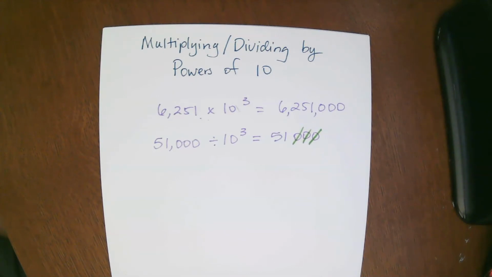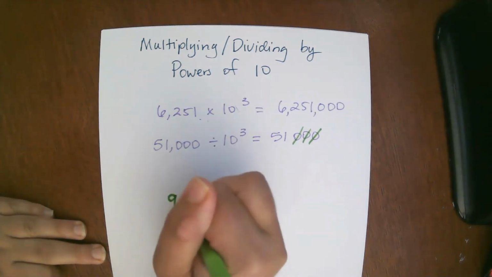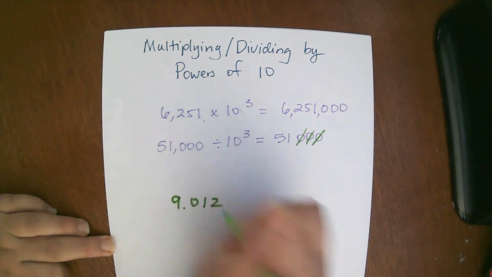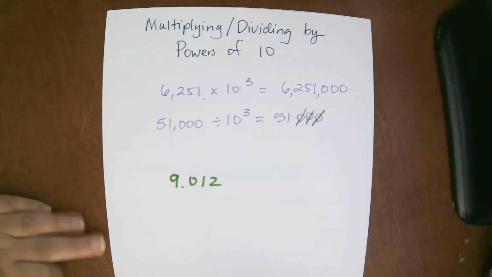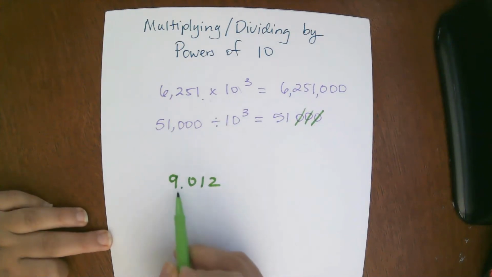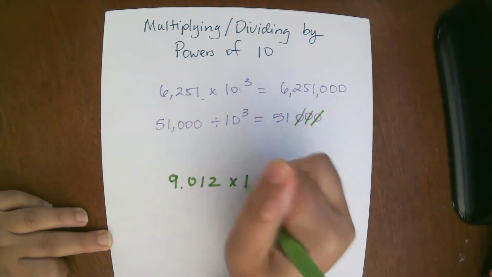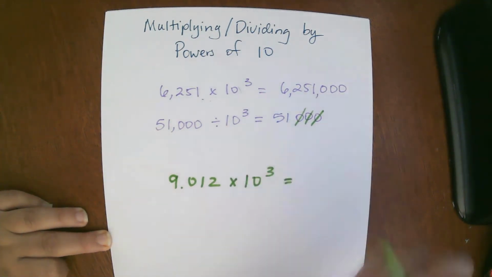So let's try one right now. As an example, I'll give you a good example here. So, how do we say this? 9 and 12 thousandths, okay, times 10 to the third power, okay?